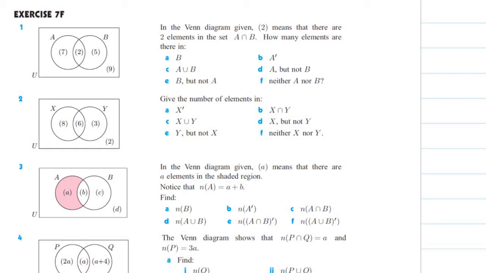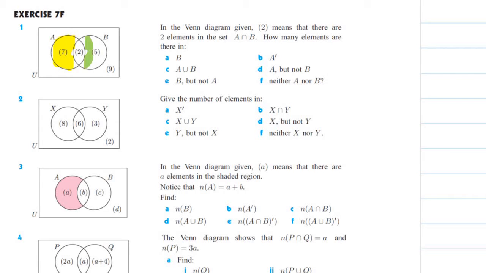We have a Venn diagram with two categories, A and B, and recall that the parentheses means that in this category, we have 7 members. So we're talking about just in this moon shape for A, there are 7 things.